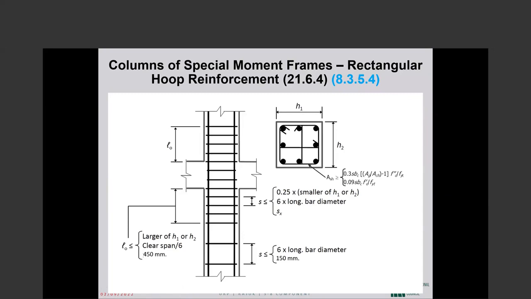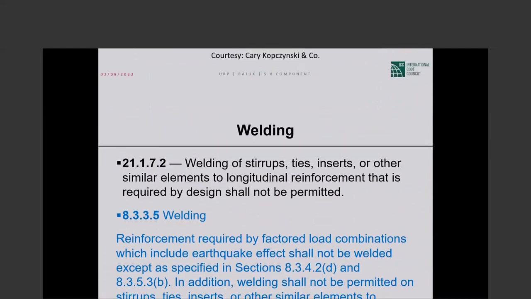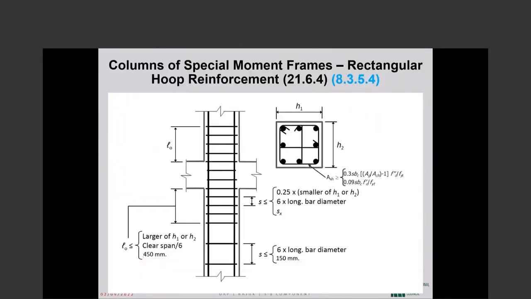That will come up later, when we go to column detailing. So to cut a long story short, that maximum spacing usually is about 4 inches, 100 millimeters, which is quite tight.